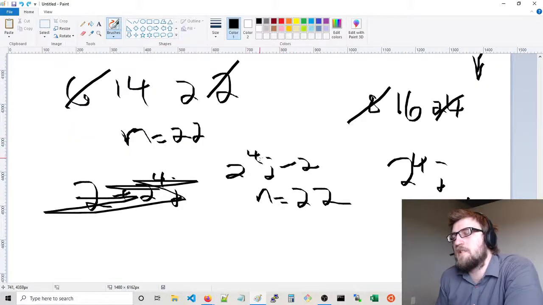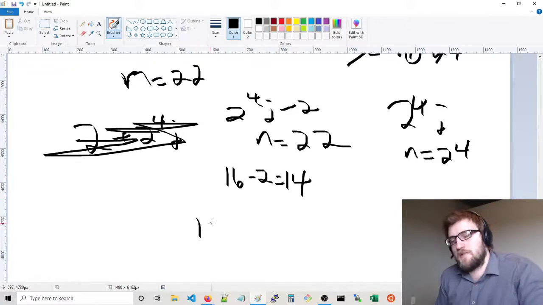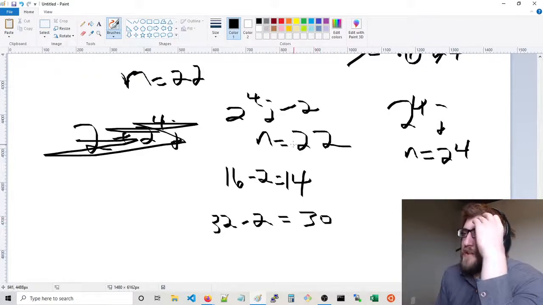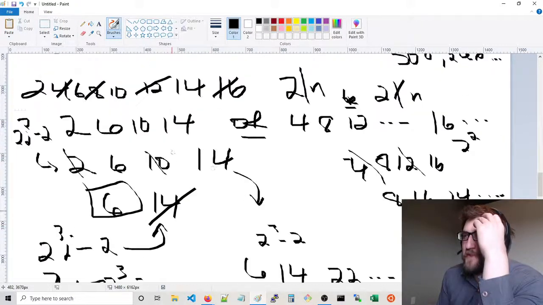What's interesting is this is 16 minus 2 is 14. 32 minus 2 equals 30 is greater than 22. However, if we were looking at, what was this number over here that we had, 14?